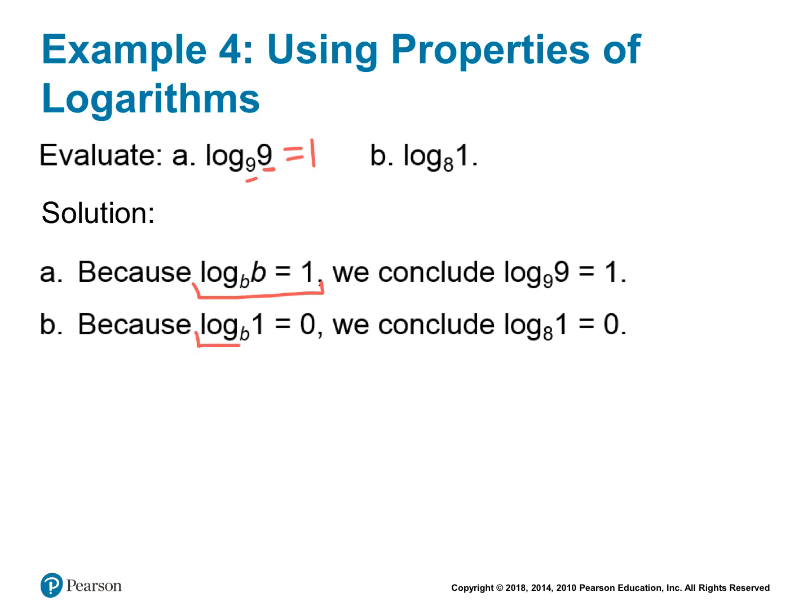If we look at this, remember this is the base, so if you did 8 to the 0, you get 1. So that means our answer here is a 0. And same on this one, if you did 9 to the first, you're going to get the number 9.